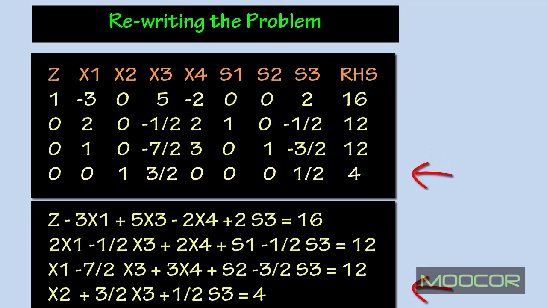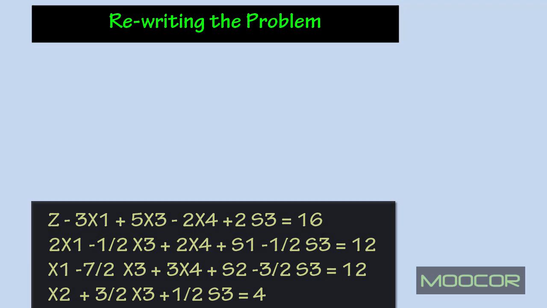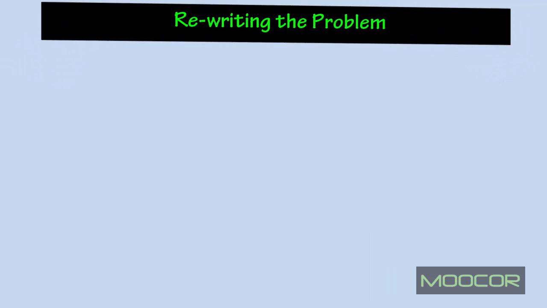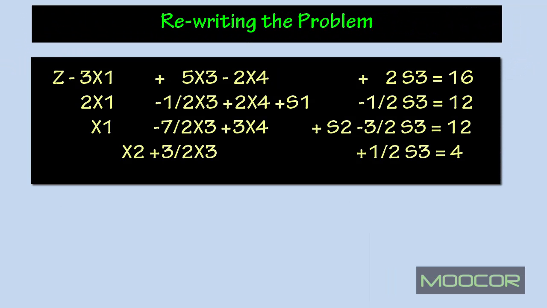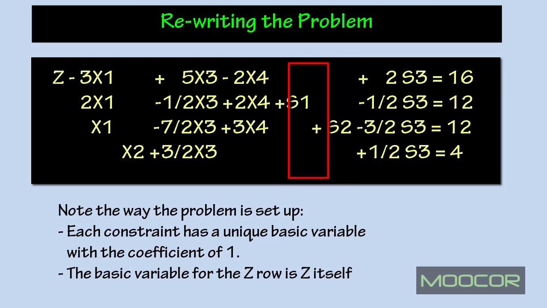So our new problem is the same problem except it is written in a different format. Now you notice that the basic variables s1, s2, x2, and of course z, as always, are in the same structural format that we were looking for.